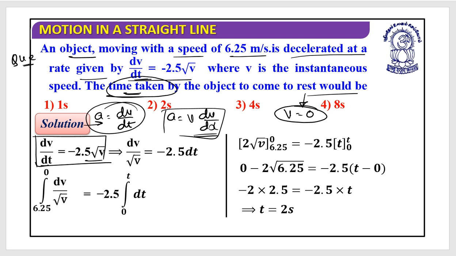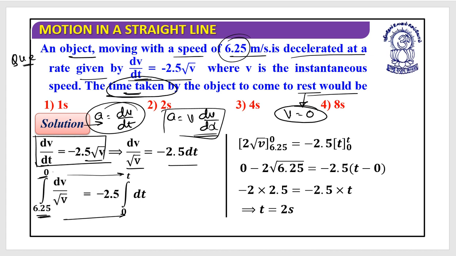Let's solve this. dv by root v should be equal to minus 2.5 into dt. Integrate this from the initial velocity of 6.25 meter per second to finally it comes to rest, which would be 0. So when velocity is 6.25, as it is the initial velocity, my time limit would be 0, and velocity would be 0 at time t.